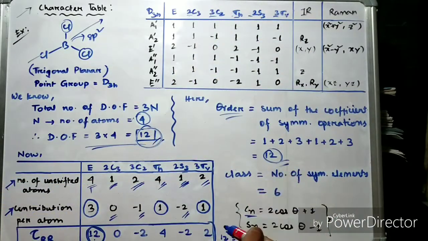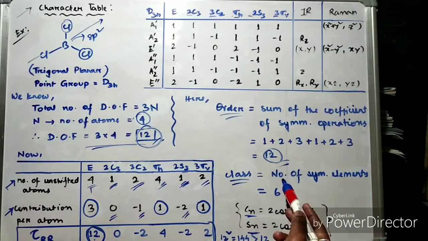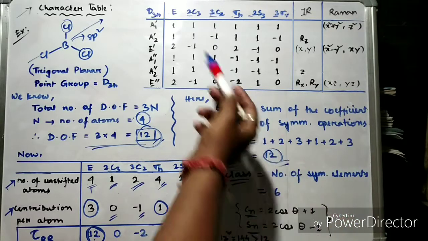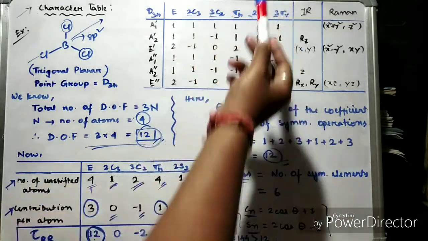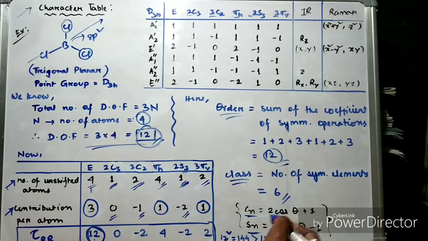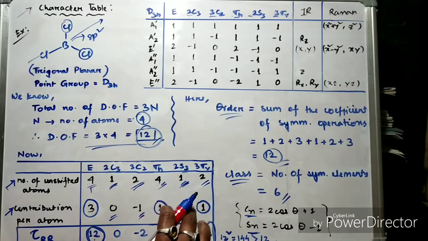So order will simply be 12. And how can I find the class of this character table? The class will be simply equal to the number of symmetry elements. So here 1 2 3 4 5 6, there are 6 elements, so class will be 6. In this way we can find out the reducible representations.